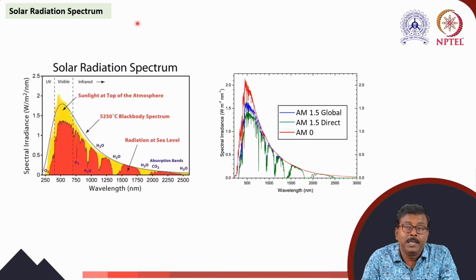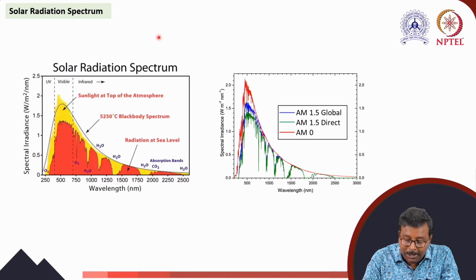If you choose a material with a band gap of a particular value, say 1.12 electron volt, up to a range of wavelength it will absorb, beyond which it is not absorbed, and that is governed by the relationship that critical wavelength lambda c in micron is equal to 1.24 divided by band gap in electron volt.